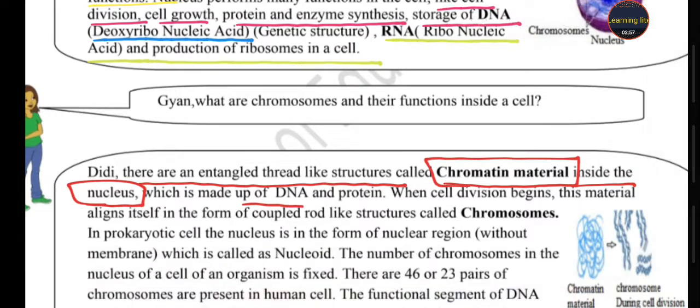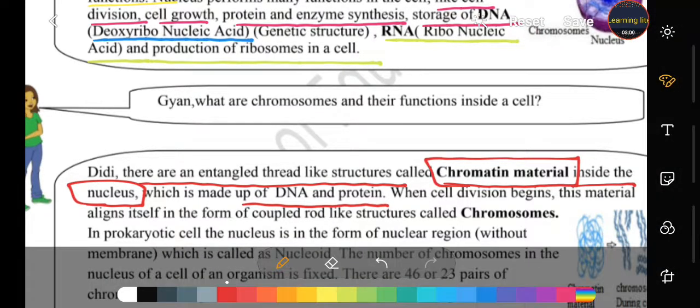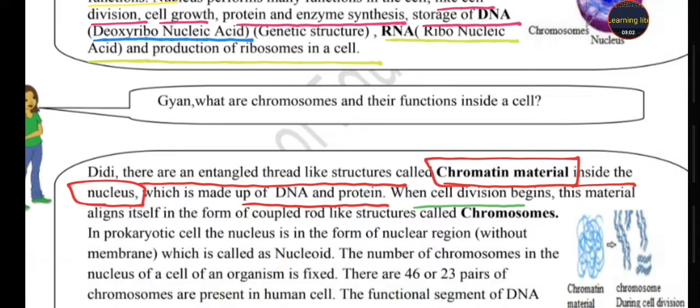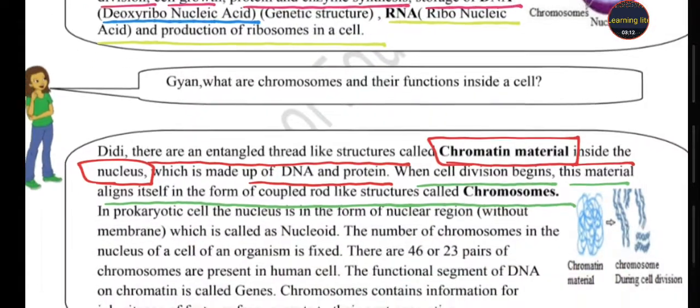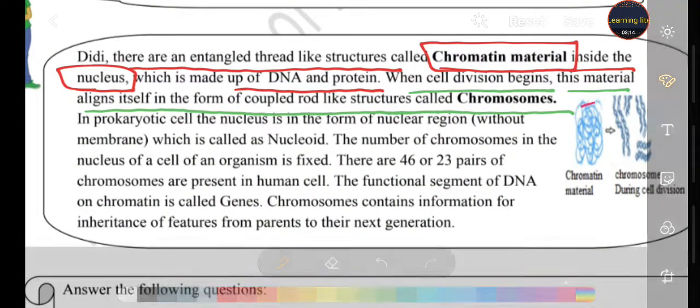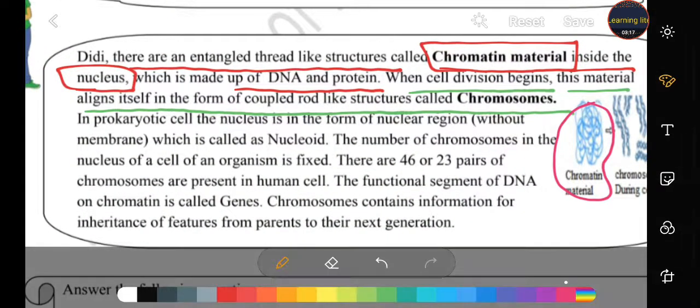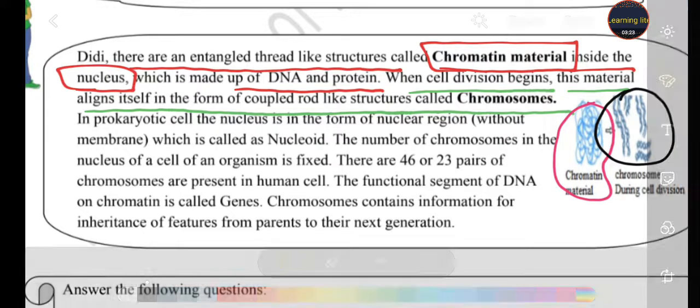This material is made up of DNA and protein, and when our cell begins to divide, this material aligns itself in the form of rod-like structures called chromosomes. You can see the diagram also, students.